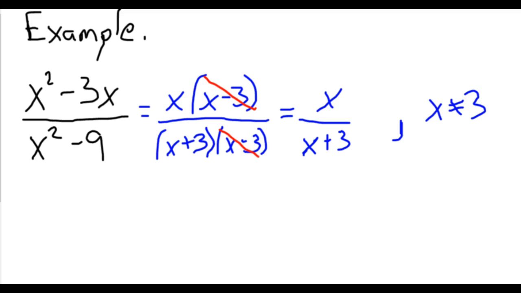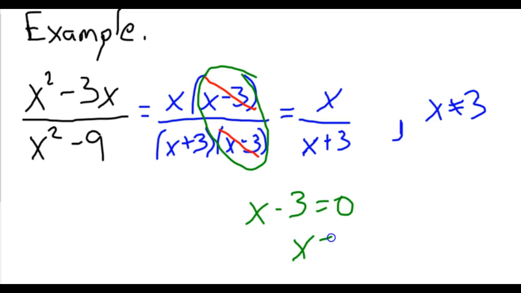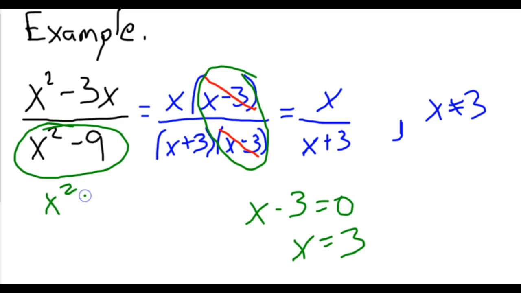Where that comes from is if we take this common factor that we took out and removed, we set that equal to 0. If we solve, we get x is equal to 3. The reason we need to do that is because if we look at our original denominator, this is going back to domains, that's why we spent so much time on domains before. x squared minus 9 equals 0.